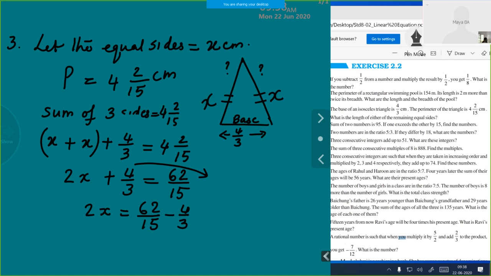To simplify these two rational numbers, let's go for the LCM. 15 is the LCM. So here I have to multiply by 5, and this also multiply by 5. So we get 62/15 minus 20/15, that is 42/15.